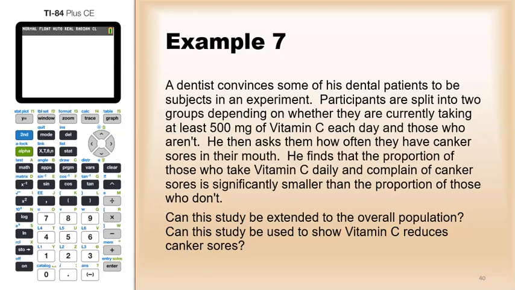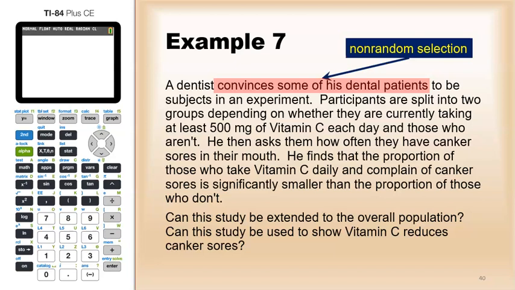So can this study be extended to the overall population? Well, he's convinced some of his patients, so there's not really any random selection there. So this is non-random selection. So no, this is not generalizable to the population. Can this study be used to show vitamin C reduces canker sores?